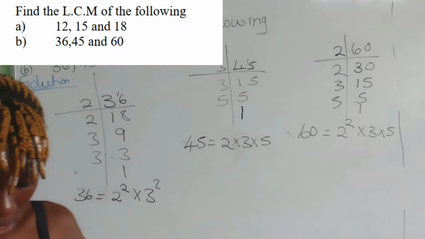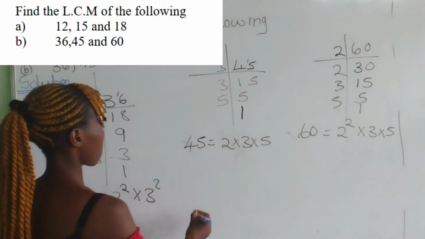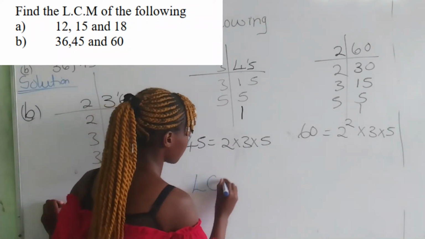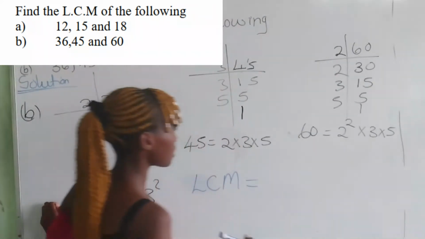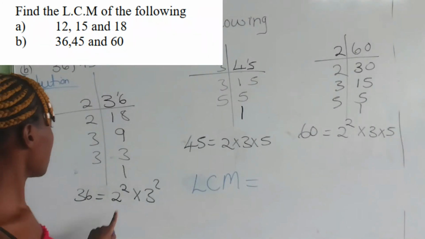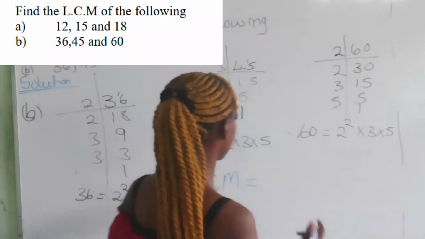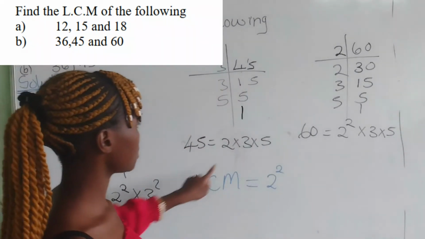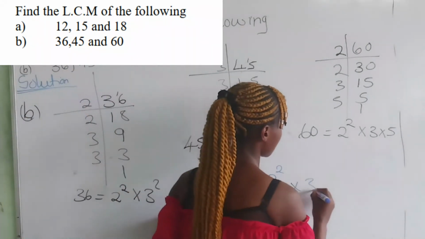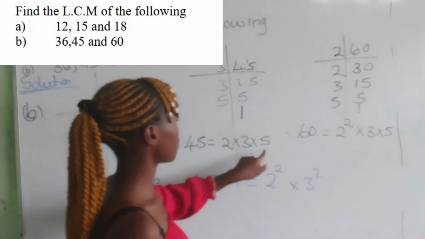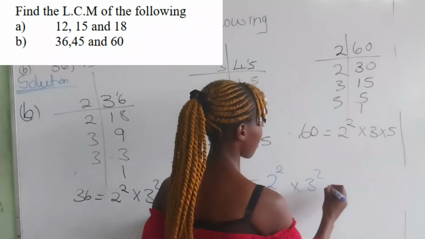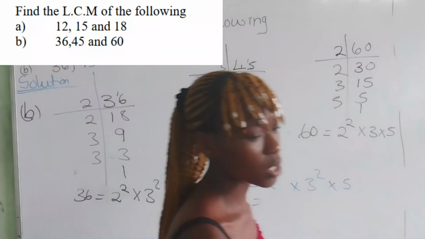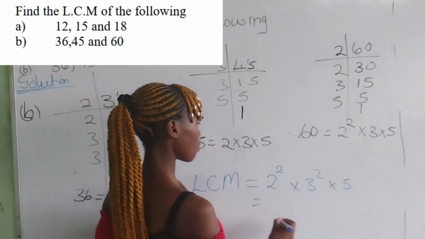Now, for us to obtain the LCM of these 3, we take the values with the highest powers. 2 squared, 2, 2 squared, the highest is 2 squared. With the highest powers, 3 squared, 3, 3 squared. Then 5, we just take 5 because that's the highest, to the power 1. What do we get for this one? We also obtain 180.